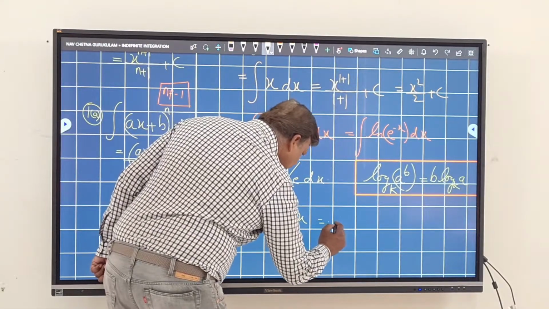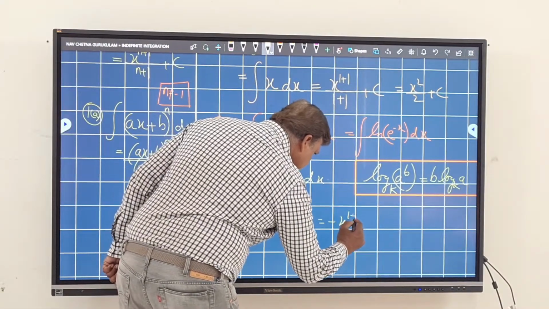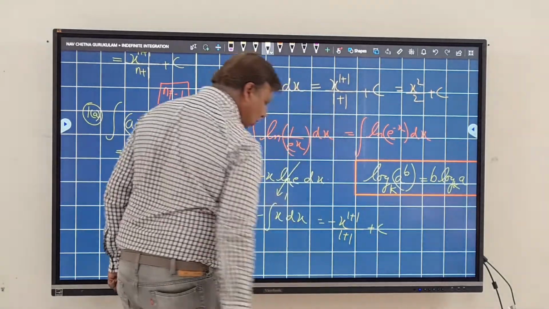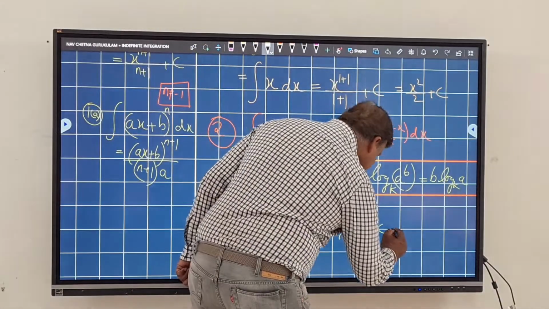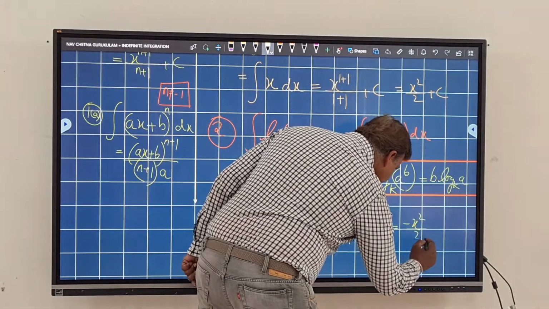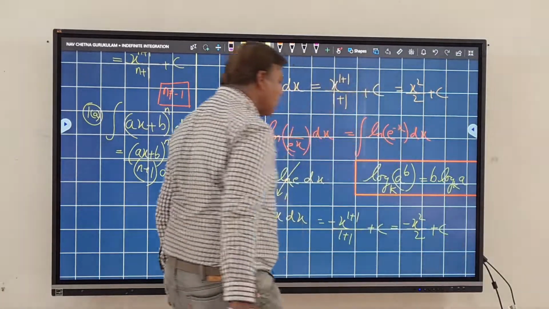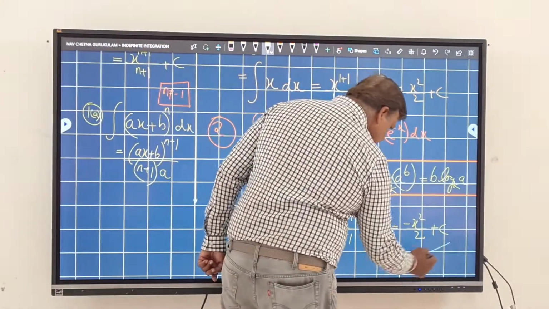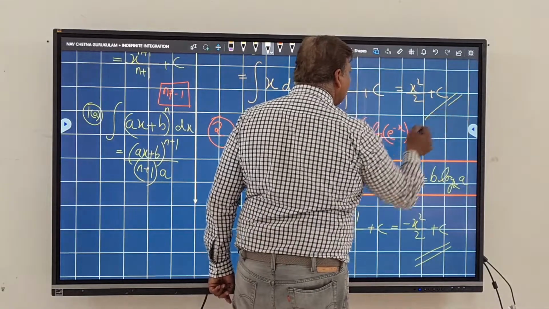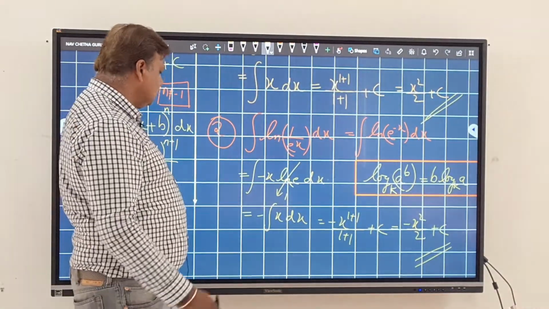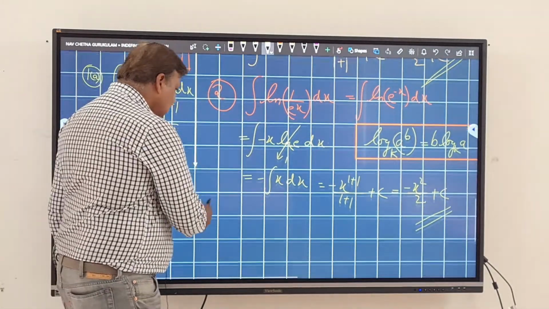It would be minus x raised to 1 plus 1, following the same formula, plus c, or in other words, that is minus x squared by 2. So that's the answer. Okay. So here we have completed 2 questions on simple integration. We'll go further.